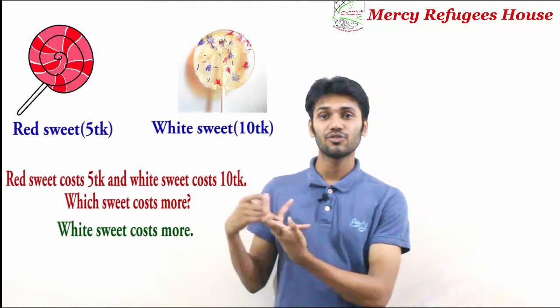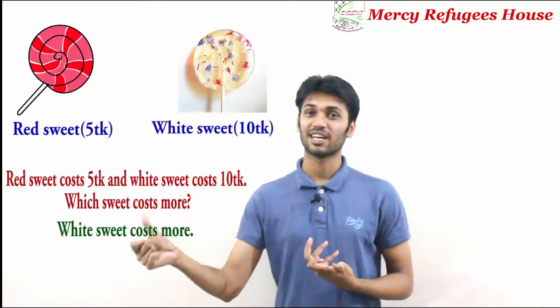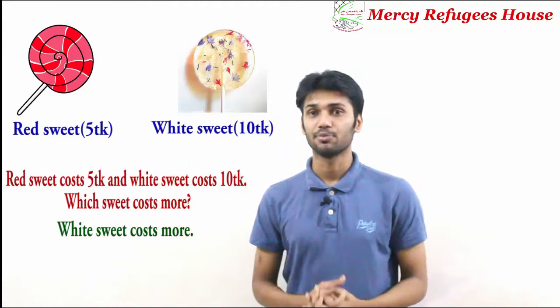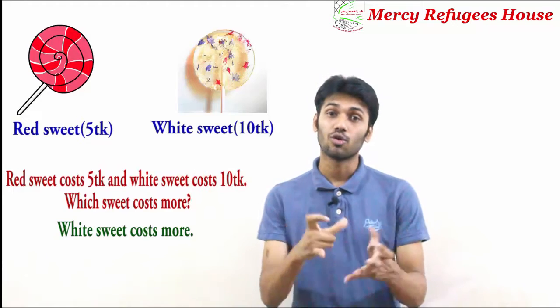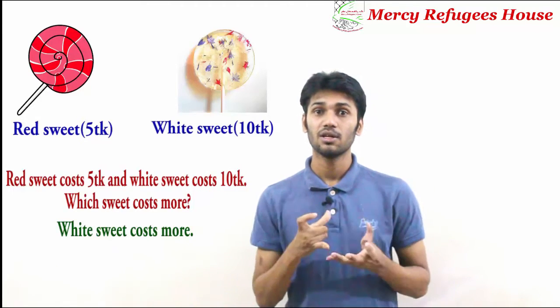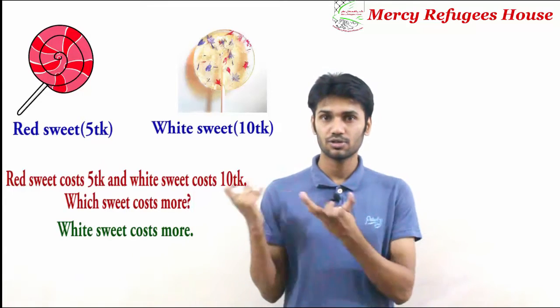Now look at this next one. There are 2 different sweets. Look at these pictures. One is red sweets, another is white sweets. Now this red sweet costs 5 taka per kg, and this white sweet costs 10 taka per kg. Now which sweets cost more?